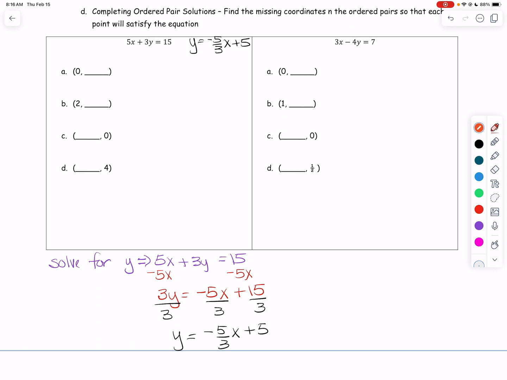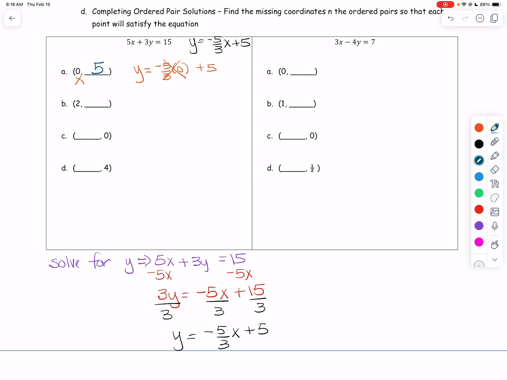So now we have an x value of 0. So y is negative 5/3 times 0 plus 5. And so that goes away, and that tells me that the y value is 5. Okay. Now, this one is a little bit tricky because I don't get a nice x that's going to cancel, but that's all right.